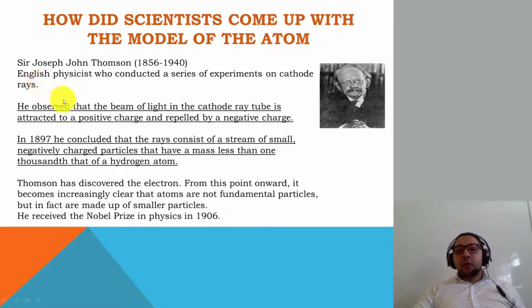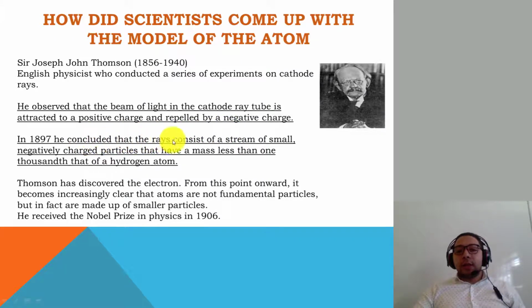When he emitted a cathode ray across an atom, he found that the cathode ray, which is made up of a negative charge, was attracted to the positive charge and repelled by a negative charge. So he estimated that we have a positive and a negative charge.